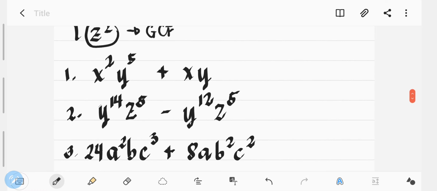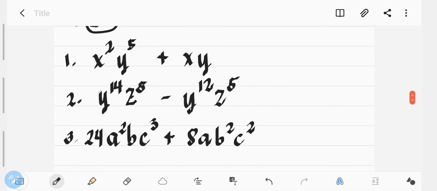Next, we have some examples. So, dito gagamitin na natin yung factoring. Factoring by GCF. So, kung mapapansin ninyo, meron tayong mga binomials. Pero pwede siyang maging trinomials or more than 3. So, mga other number terms of polynomials. So, let's look at number 1. So, number 1, we have x squared, y to the 5th plus xy.